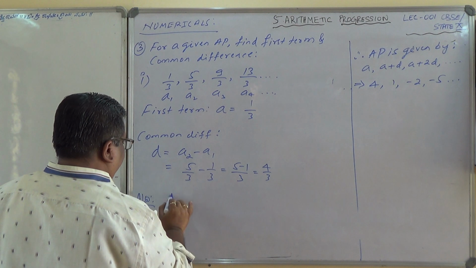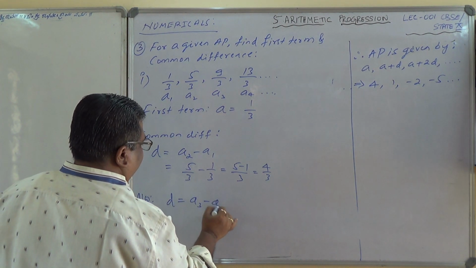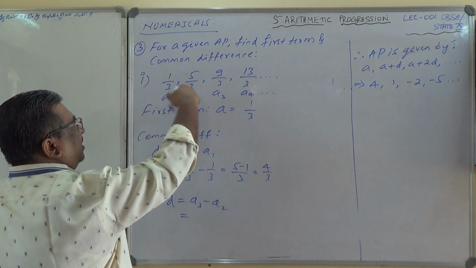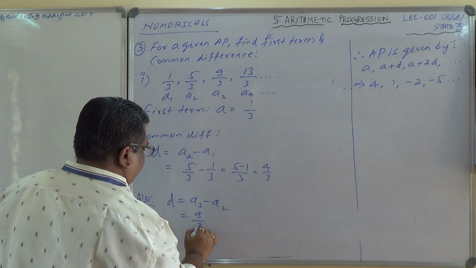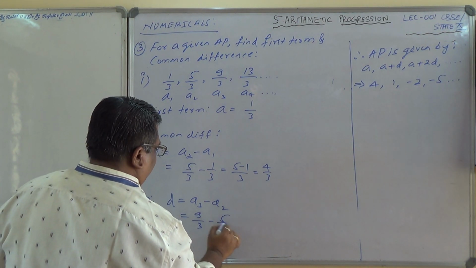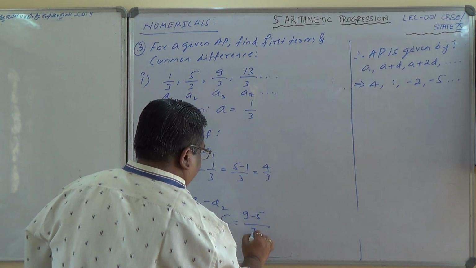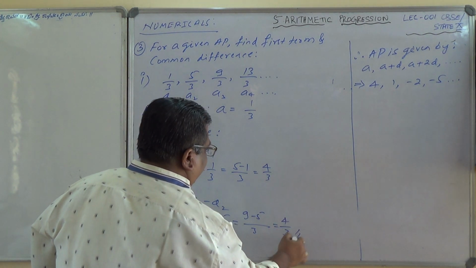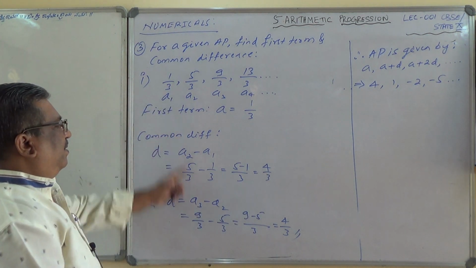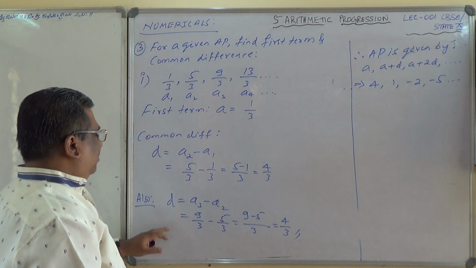A3 minus A2. D equals A3 minus A2. Always succeeding term minus preceding term. So 9 by 3 minus 5 by 3 equals 9 minus 5 by 3, which is 4 by 3. And see here, what is the common difference? Everywhere you can find 4 by 3 as the common difference.